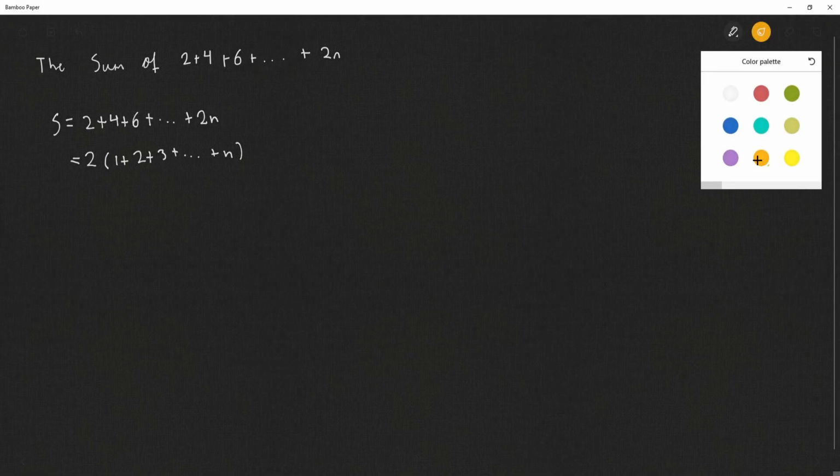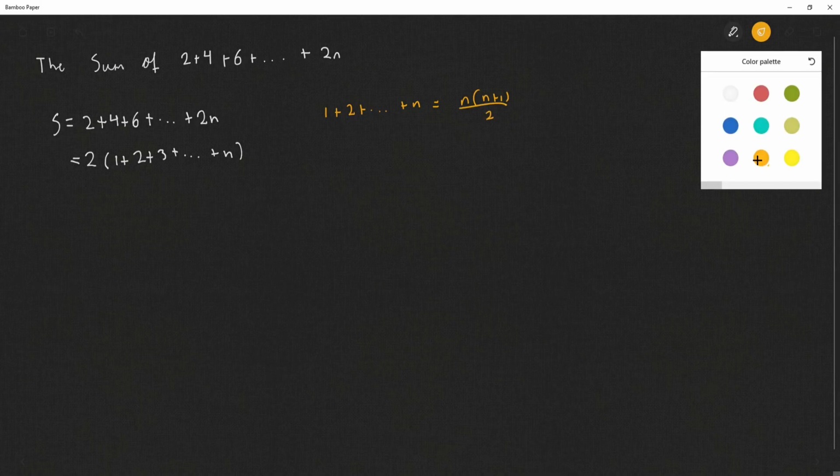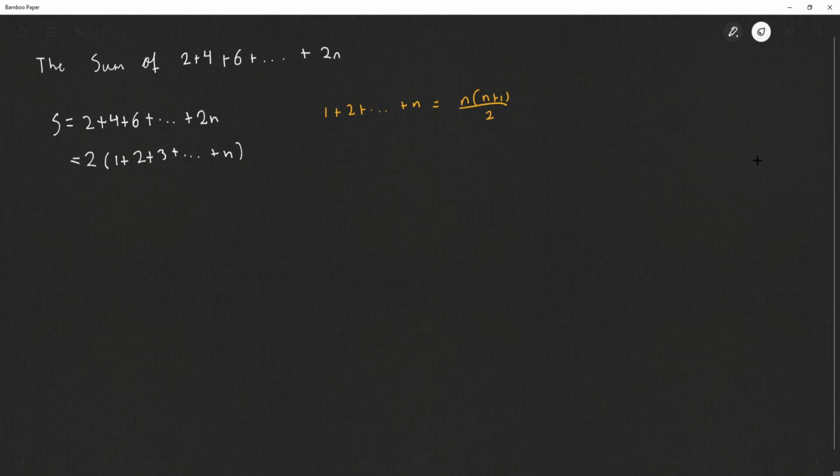But we know the formula for the sum of the first n integers. I'll write a note, because we know that 1 plus 2 plus all the way up to n is equal to n times n plus 1 over 2. So we're able to set this up as equal to 2 times n times n plus 1 all divided by 2.